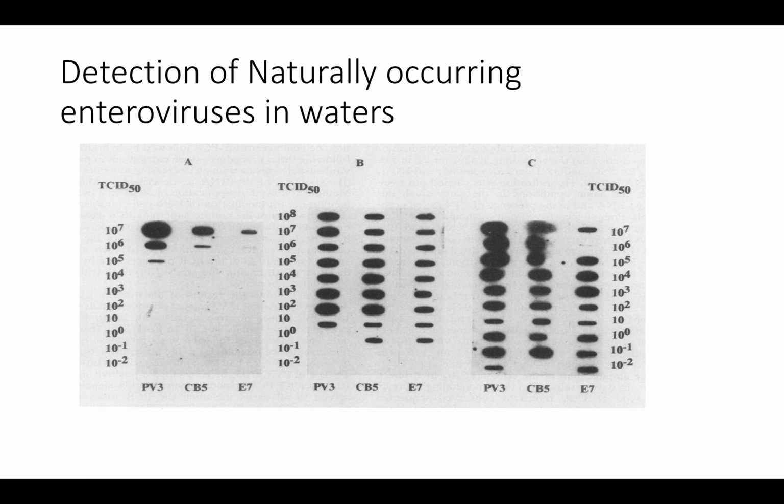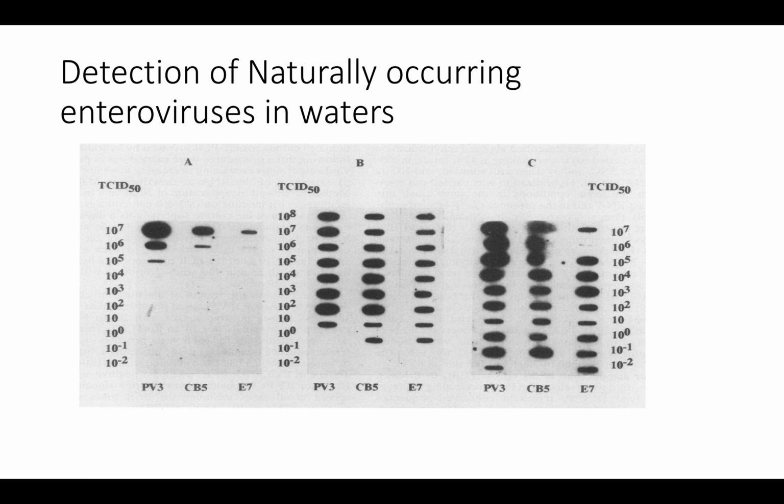And under each panel, you can see the letters PV3, CB5, and E7, which correspond to the three different viruses that were used in this experiment. PV3 is poliovirus type 3, E7, echovirus type 7, and CB5, Coxsackievirus B type 5.